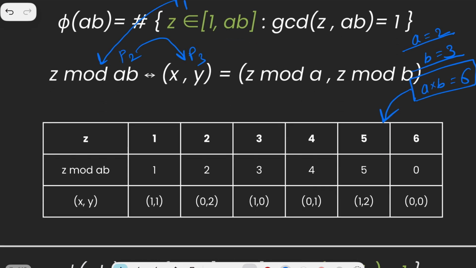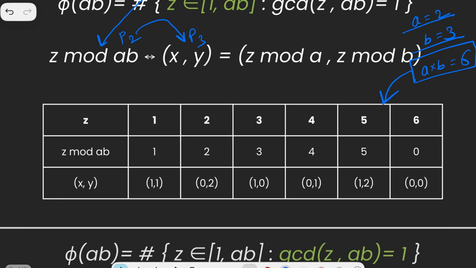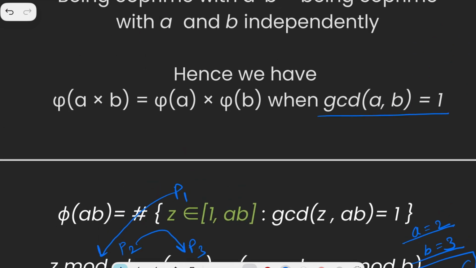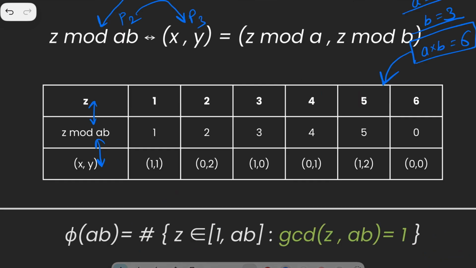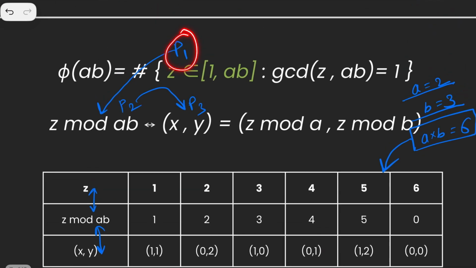In this example we found the bijection from Z to Z mod AB and we found the bijection between Z mod AB and X comma Y. Everything that we are discussing is when GCD of A comma B is 1. Don't forget that. So the technique is, if you have a problem P1 and they are asking you to count something, then you find a bijection to problem P2, then you find a bijection to problem P3, and if you can count the answer for P3, you know the answer for P1 as well because it is a bijection.